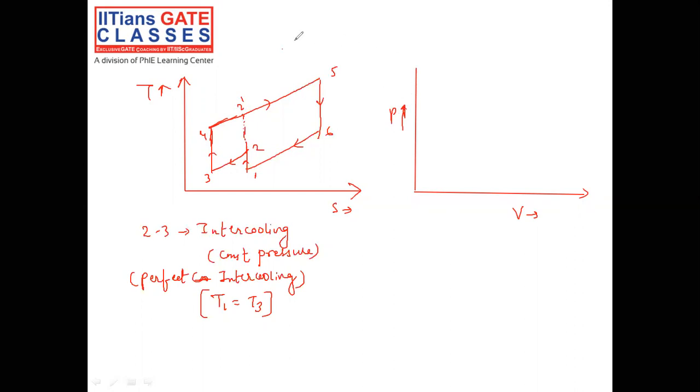Now let me draw a PV diagram. 1 to 2, 2 to 3, 3 to 4, 5 and 6.